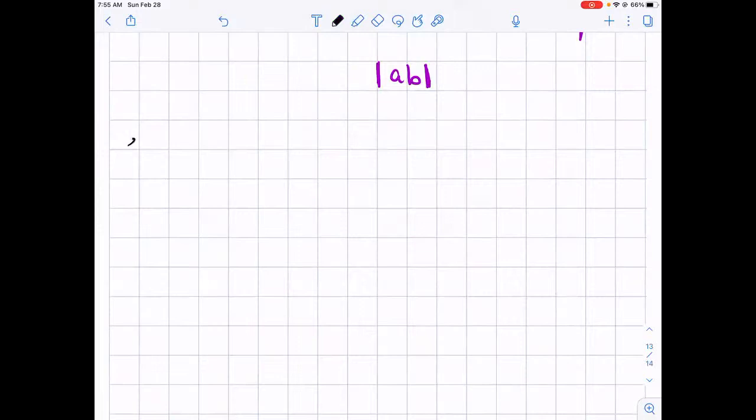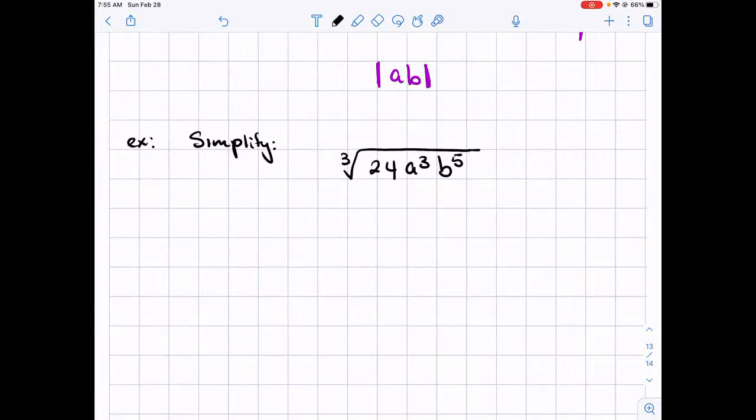Look at another example. How do we simplify the cube root of 24a cube b to the fifth? Now, if you look at this, we don't know the cube root of 24, but we could simplify it.